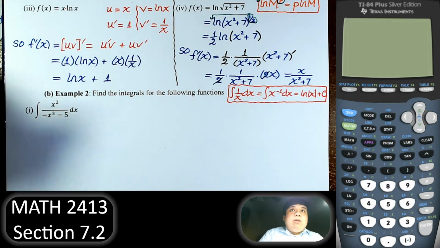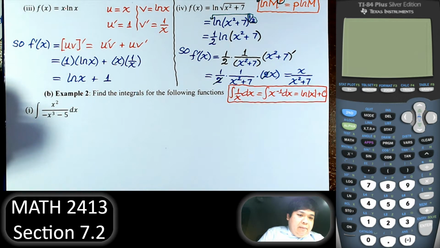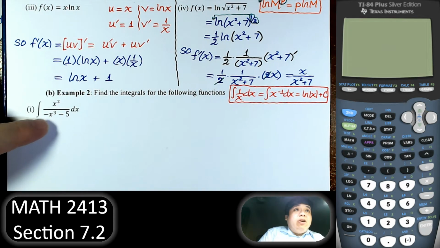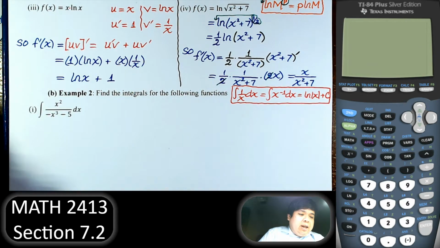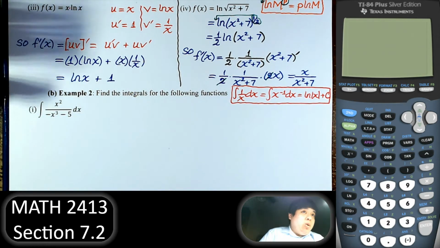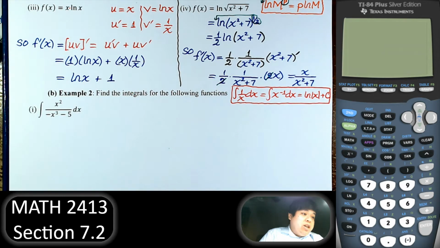Right, now we'll take a look at this. So we have x squared over -x cubed minus 5. It doesn't look like something we can integrate right away. Usually if we cannot integrate right away, we use substitution. So what do we let u equal to?